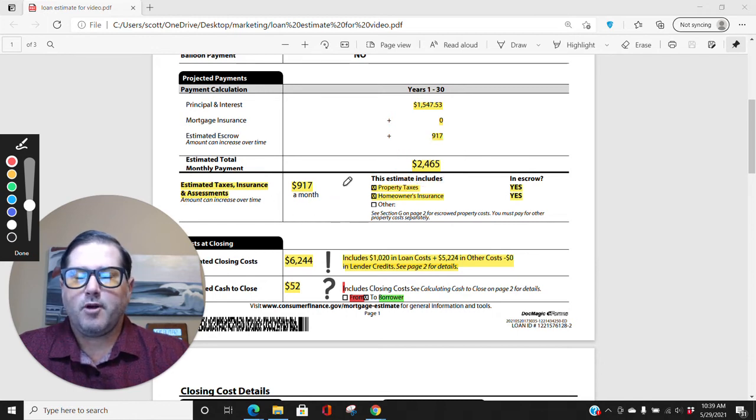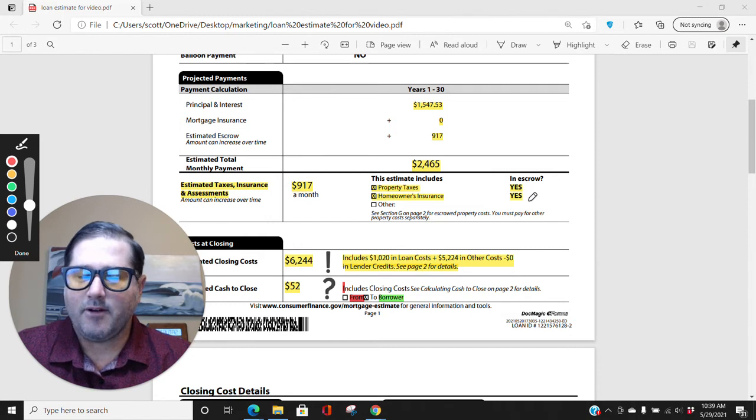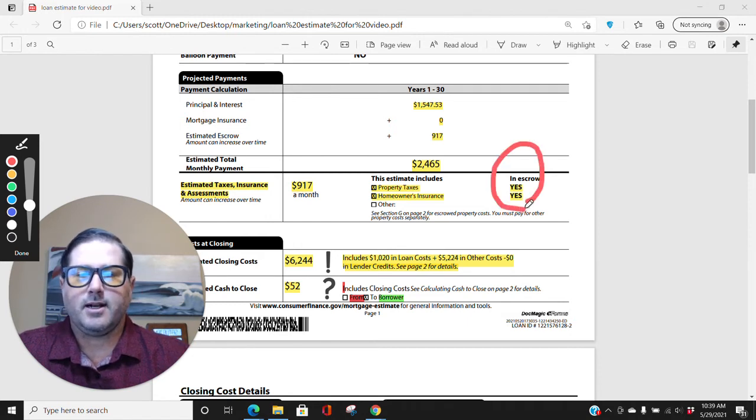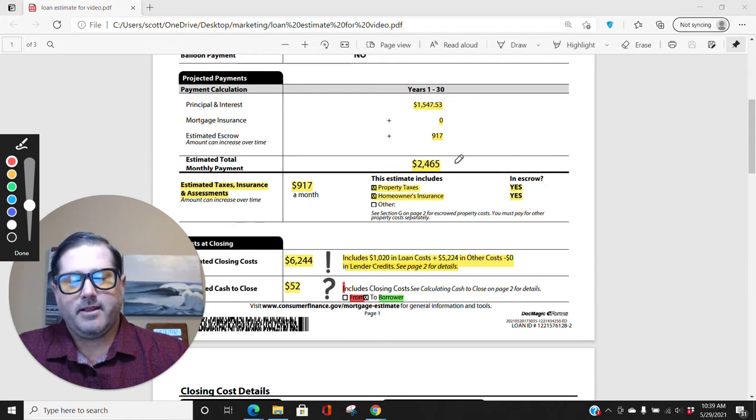Then it further breaks it out and estimates your taxes and insurance, and whether or not they're in escrow. So this is pretty important over here. Are your property taxes in your escrow account every month? Is insurance being taken out in escrow every month? Very important. If it says no and your payment's way down, then you know why, okay?